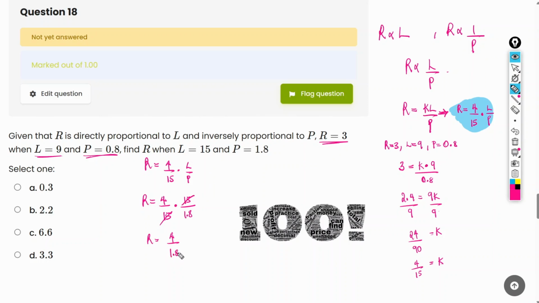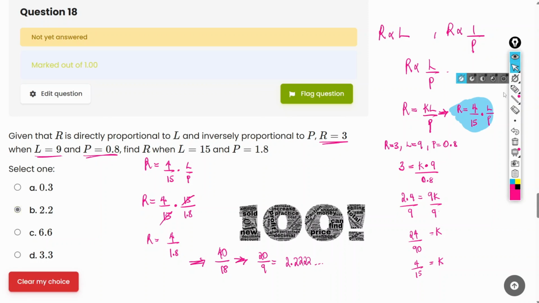I multiply top and bottom by 10 to simplify, and I would have 40 over 18, which we can rewrite as 20 over 9, which is 2.2222 continuous. So the correct option is option B, that's 2.2 unending. That's it for question 18.